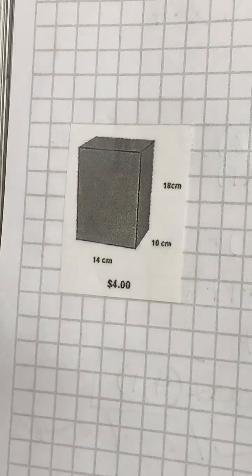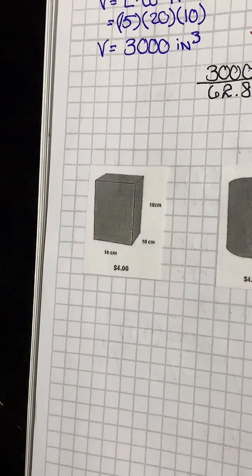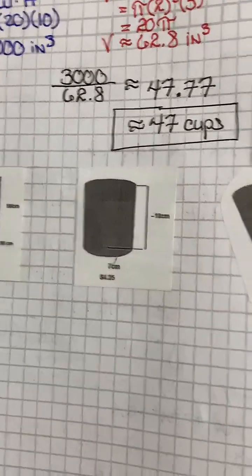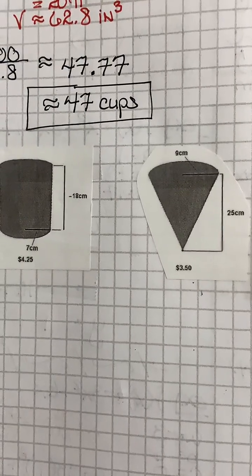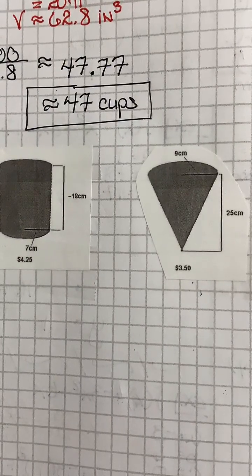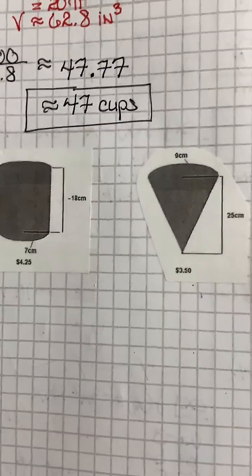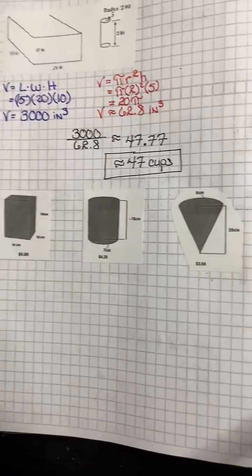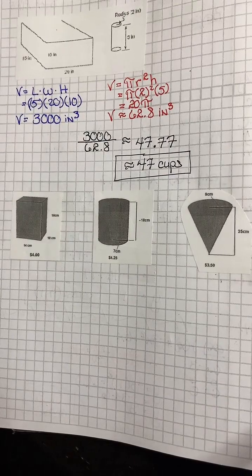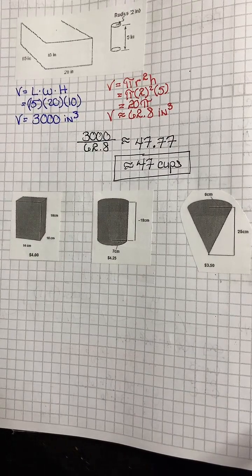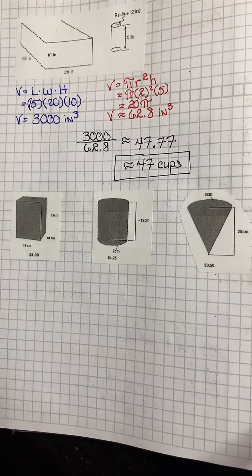All right, so as we see, we have 1, 2, 3 different lovely shapes. I'm going to try to zoom in on these. So they're saying students in one math class, as we kind of take a little breather, notice that a local movie theater sold popcorn in different shapes of containers for different prices.